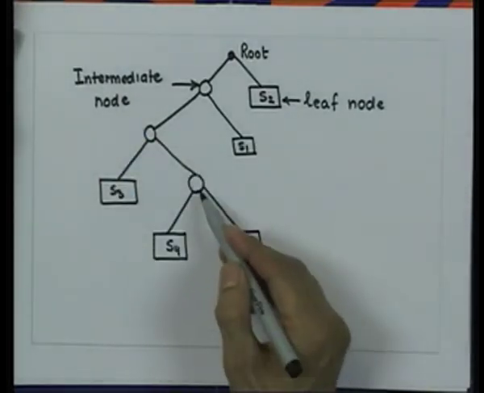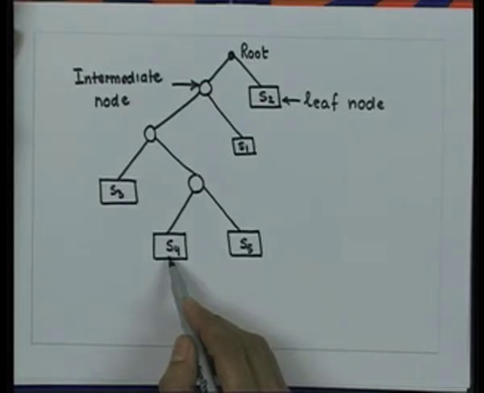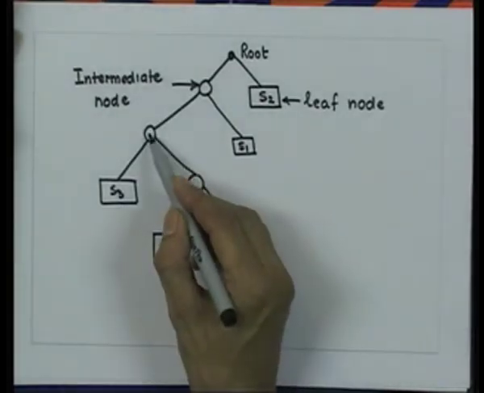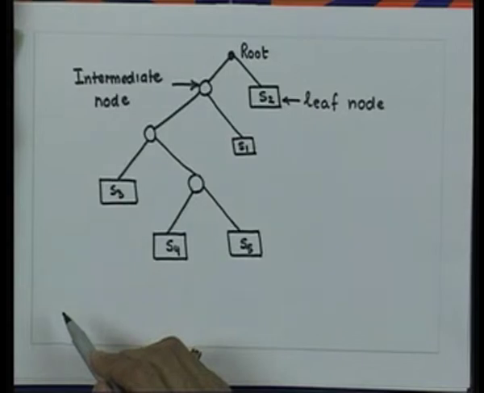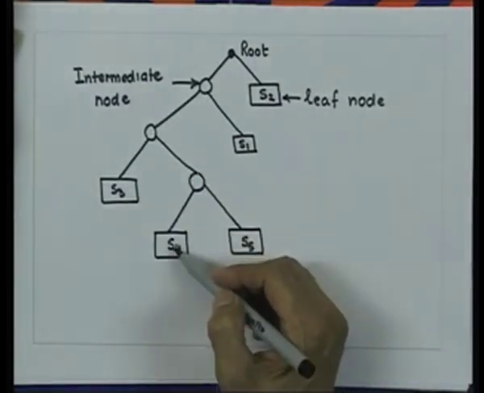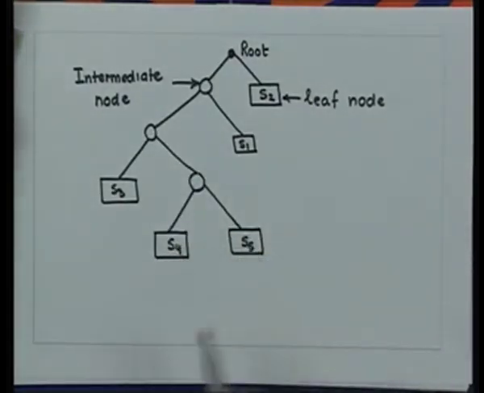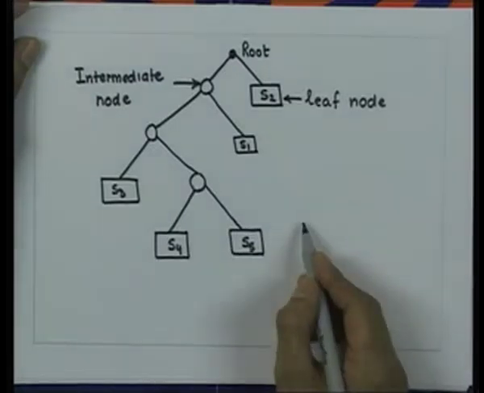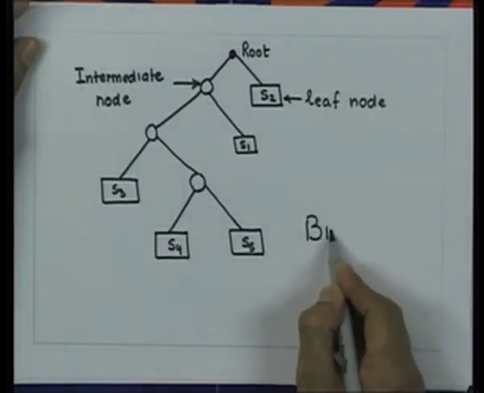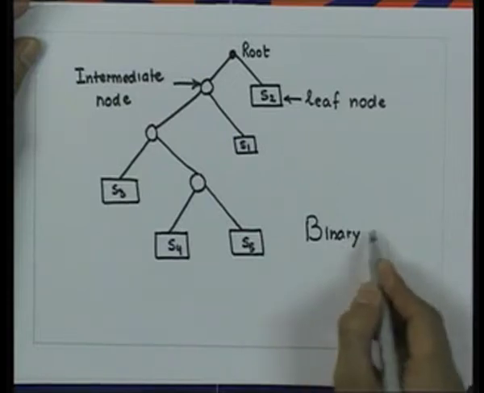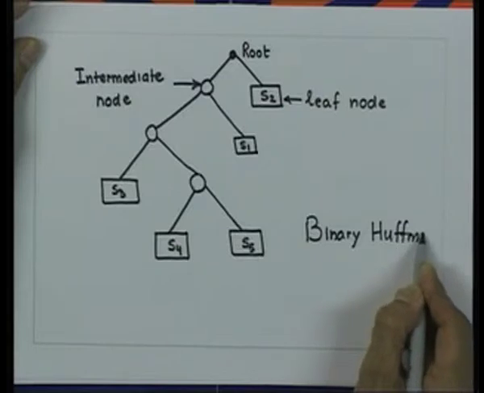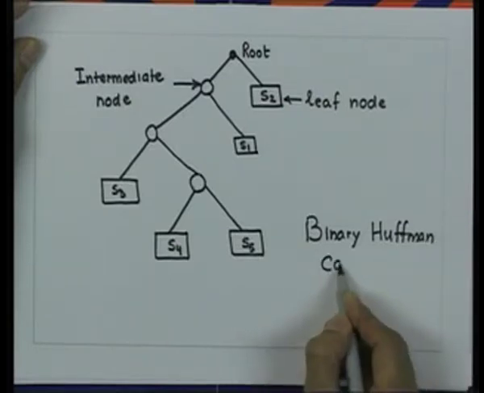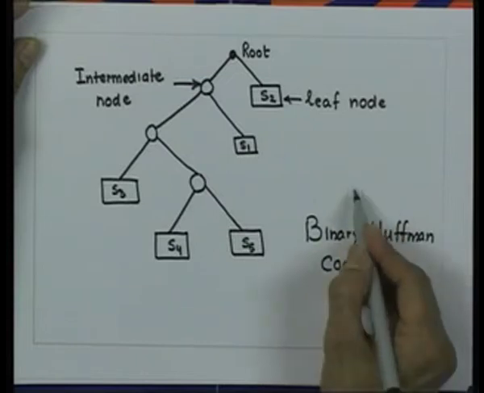This intermediate node is a parent for these 2 leaves, and then this intermediate node is a parent for this node and an external node or a leaf node. So, this is a grandparent of the leaf nodes S4 and S5. So, this is a formal representation of a binary Huffman tree for binary Huffman code.